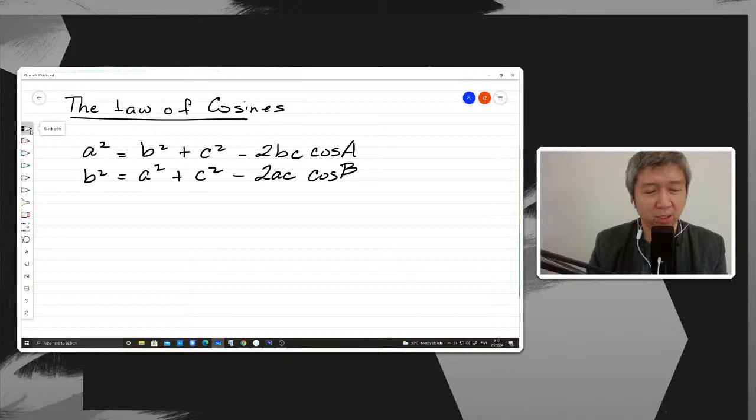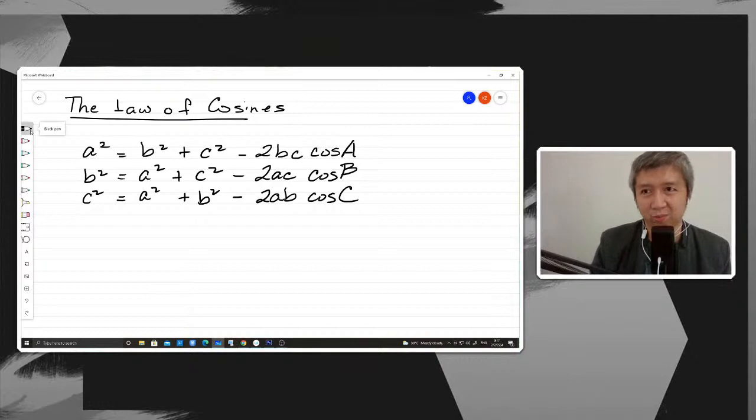When you are about to find side C of a triangle, we have a and b, and then minus 2 times a and b, then cosine of the opposite angle, angle C. Again, we are using this for triangles that are not right triangles.